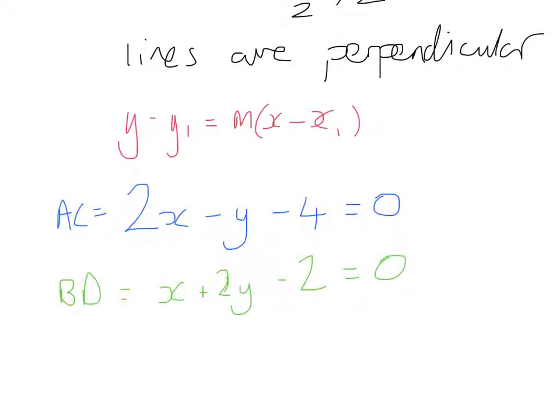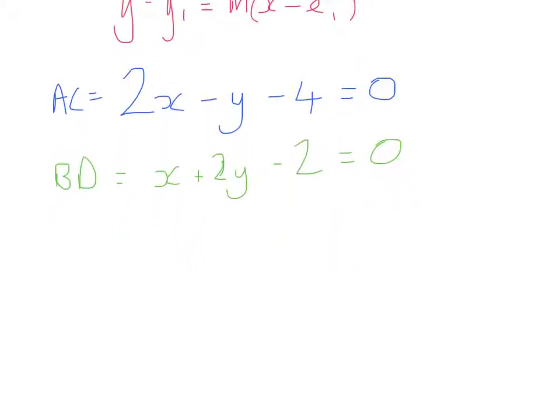In terms of how you want to solve that, you can use the elimination method, you can use the substitution method. There's loads of different methods you could use. It really is up to you. I'm going to solve it using the elimination method. I'm actually going to multiply this equation by 2 to get 4x - 2y - 8 = 0, because I quite like the elimination method when you can add the equations together.